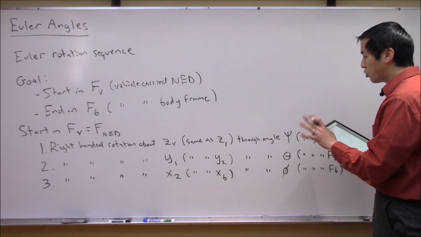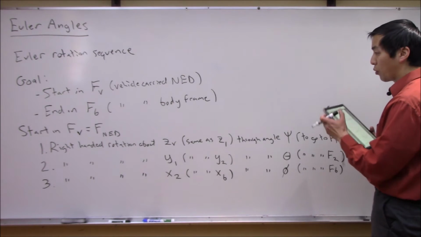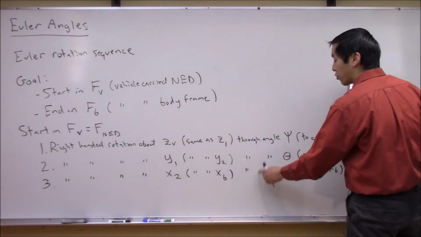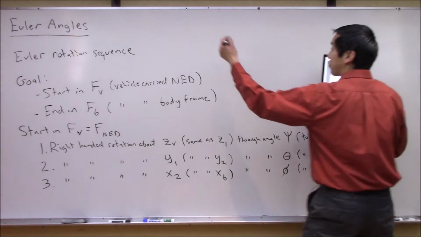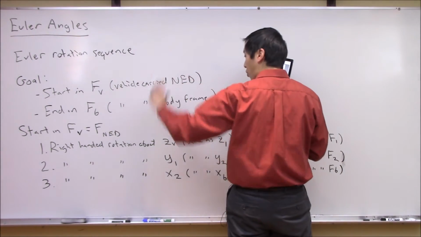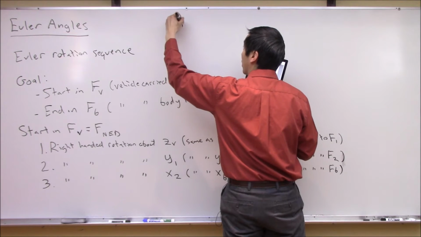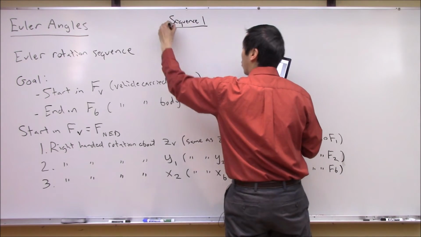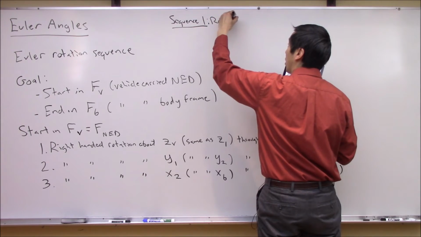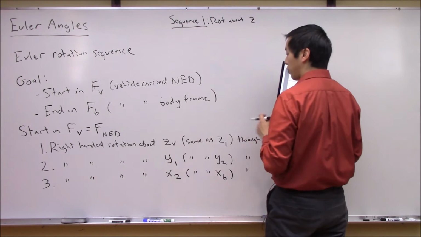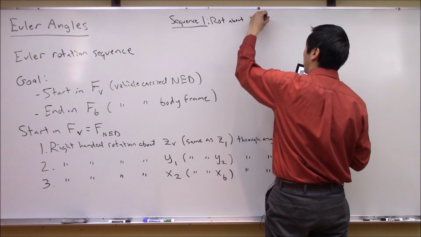So maybe let's draw a picture of this so we're all on the same page about what these 3 rotations look like. So the first one, let's draw a picture for sequence 1. Okay, so we said sequence 1 was basically rotating about z, right? The ZV, which is the same thing as the Z1 axis.